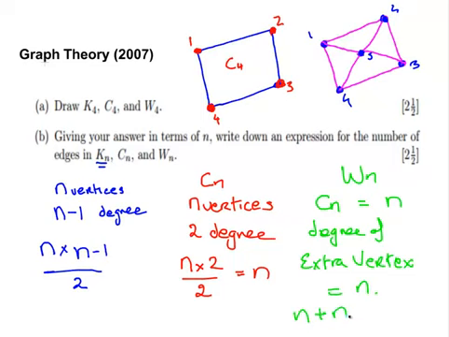So you have n plus n, which is equal to 2n. In this case, we're only counting the extra edges once. We're looking at it first from the Cn part, and then from the point of view of the extra edges from the extra vertex. So anyway, that is types of graphs. That's 2007 graph theory.